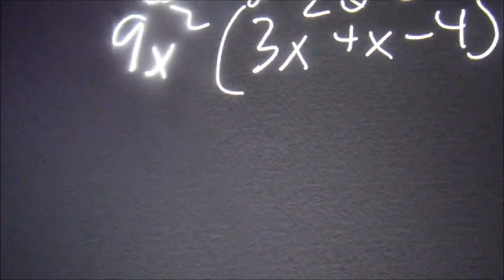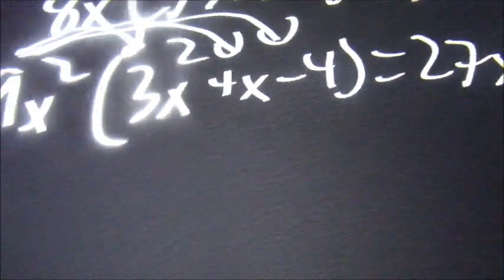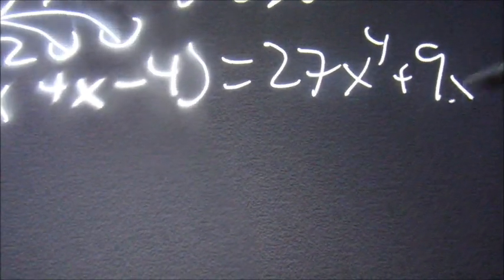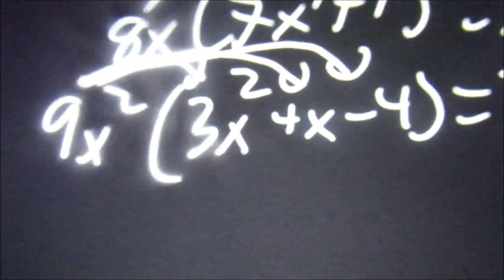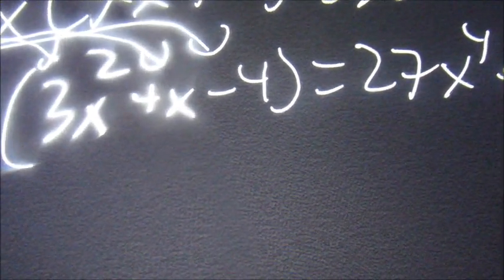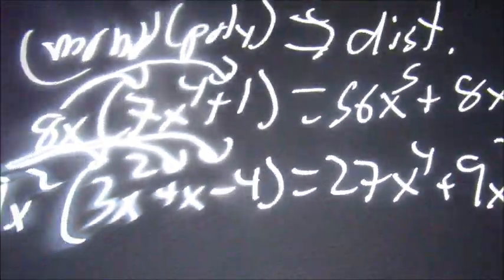Then we have a plus 9x squared times x. 9 times 1 is just 9. X squared times x is x to the 2 plus 1, or x to the 3. And we have a minus 9x squared times 4, which is going to be 36x squared.